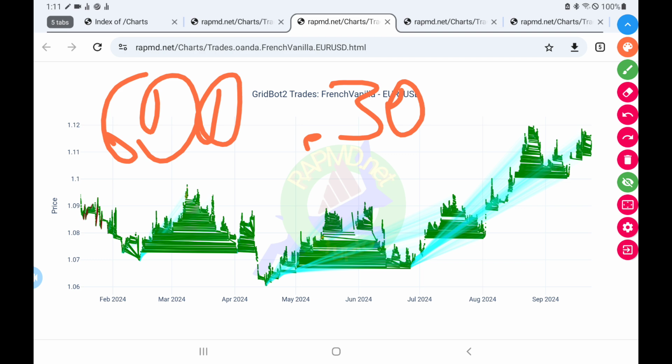That's per trade profit. But French vanilla is only going to use about 150 units, which means its profitability is only going to be 10 cents per trade, drastically smaller. And sometimes it's even less than that.